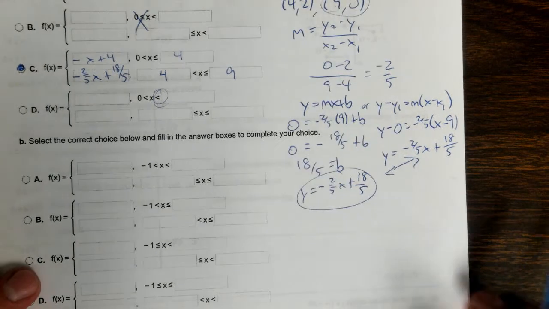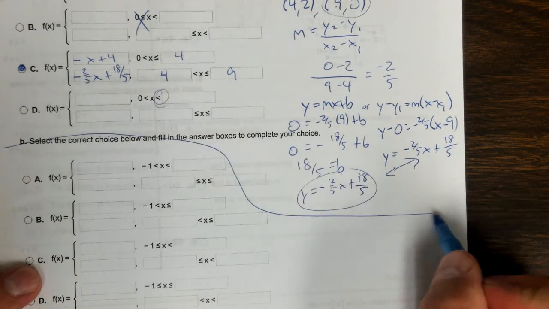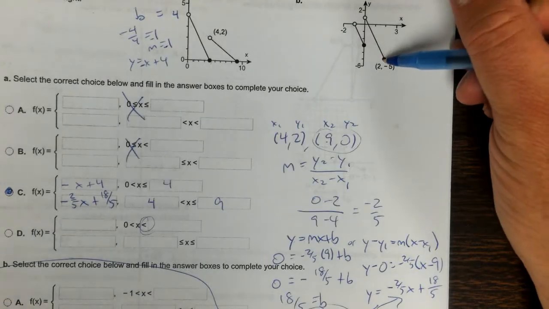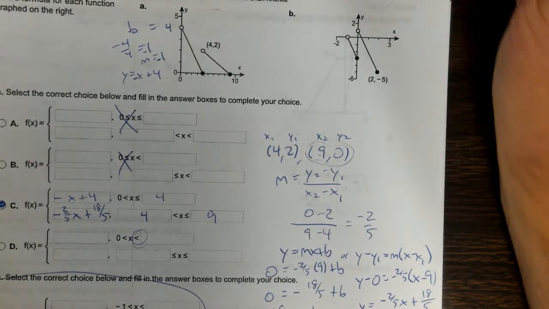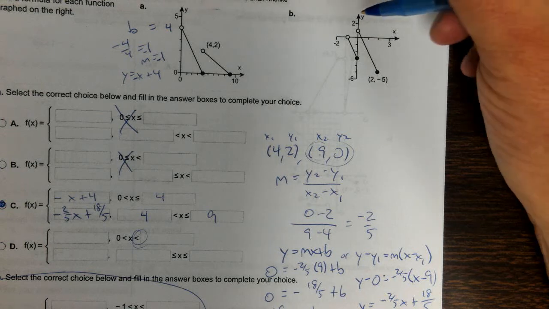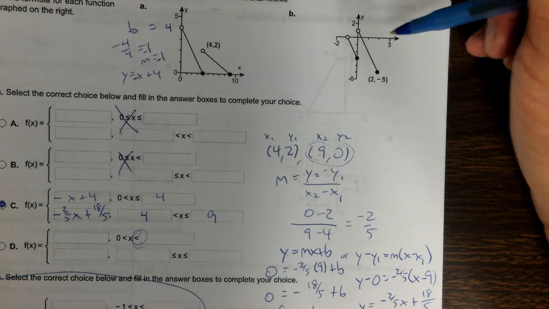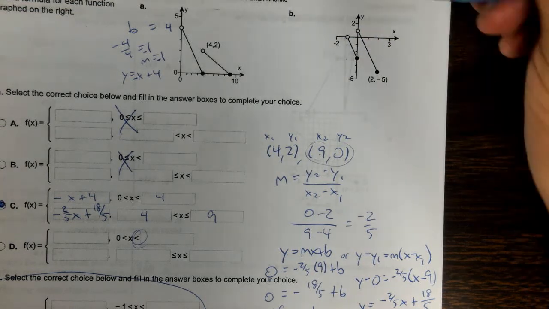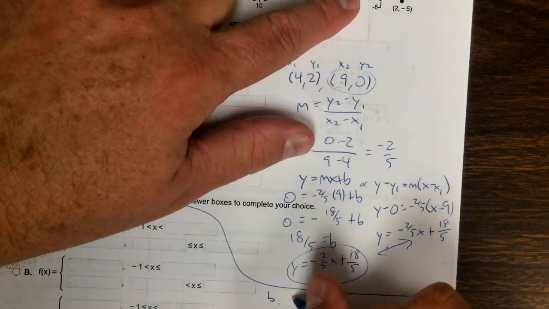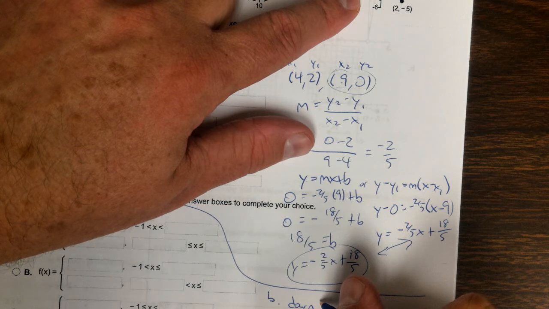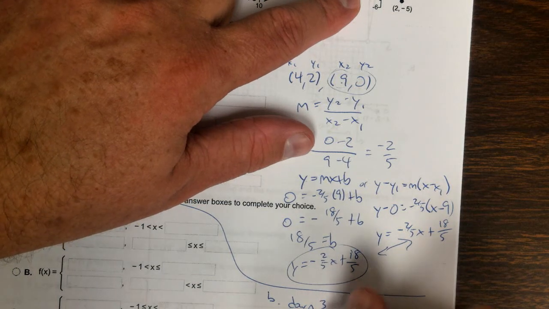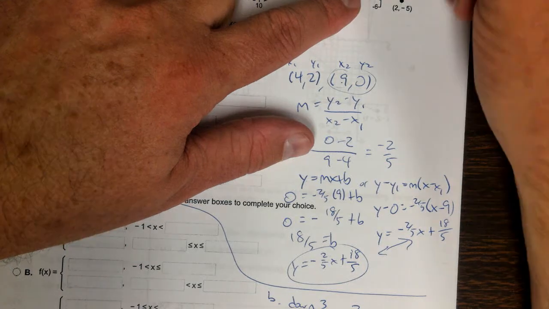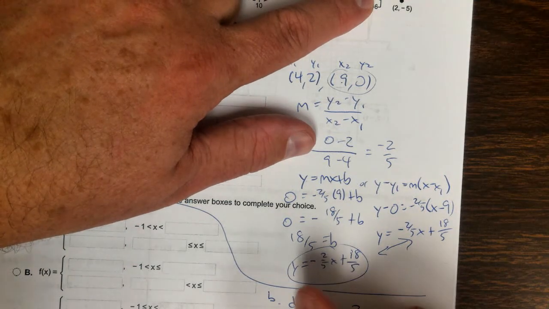Part B, that's this graph. And let's see, they look like they're counting by 1 still. And this is down 1, 2, 3 units and right 1. So if it's down 3, right 1, that's a slope of -3. And this one, we already know our y-intercept pretty easily.